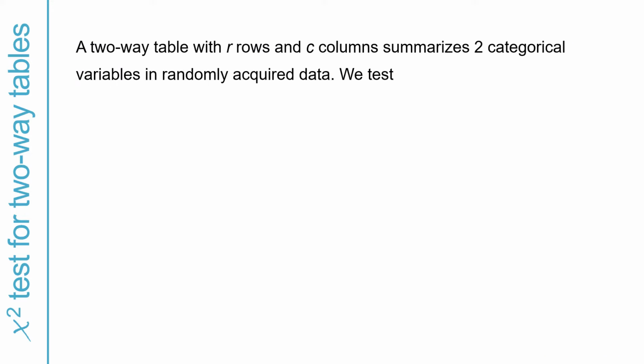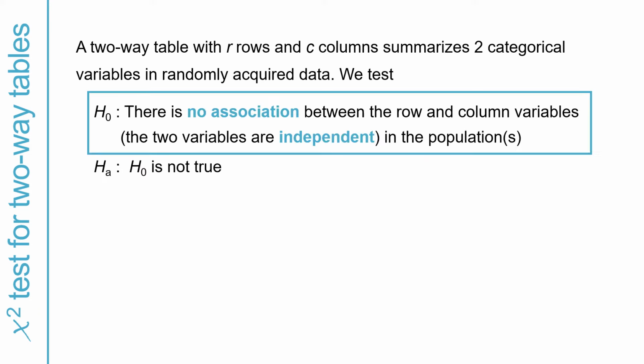So consider a situation where we have collected data on a sample of individuals such that we have two categorical variables that can be summarized in a two-way table with R different rows and C different columns. We will test the null hypothesis that there is no association between the two variables used to make this table, the row variable and the column variable.